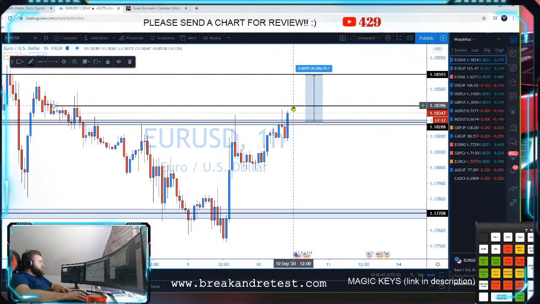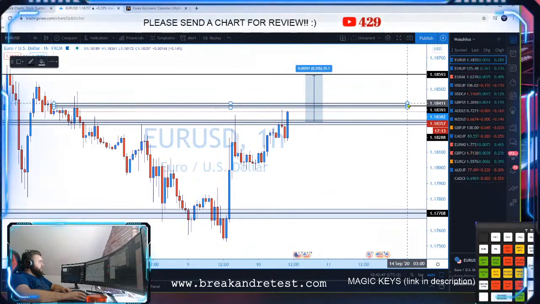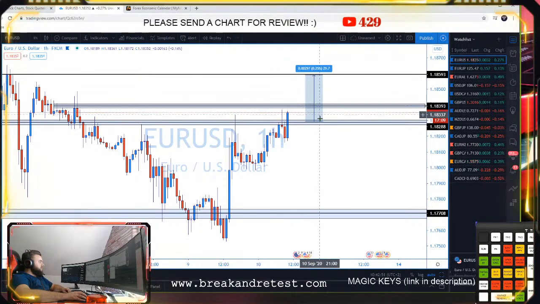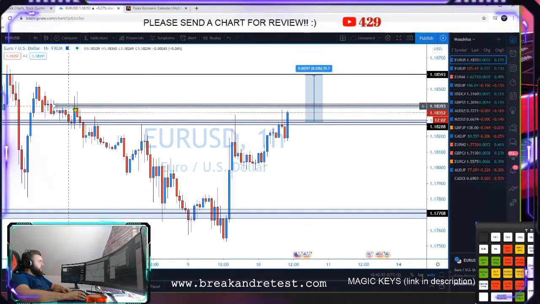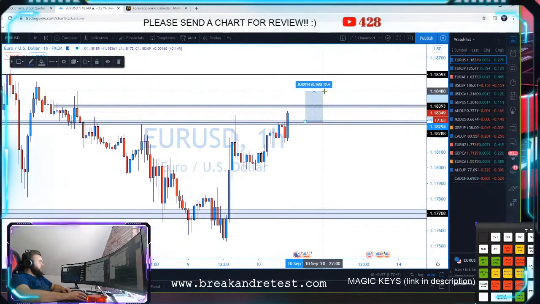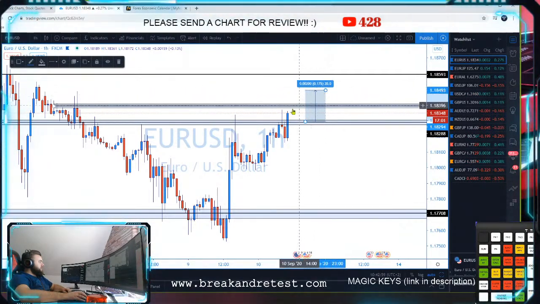So this would be the reason why I would cut my profit short and take some profits and secure, because we might reject this resistance. That's why I wouldn't wait for price to go 20 pips, because there's a chance of a rejection here. And that's why I would move my stop to break even to protect my profits.